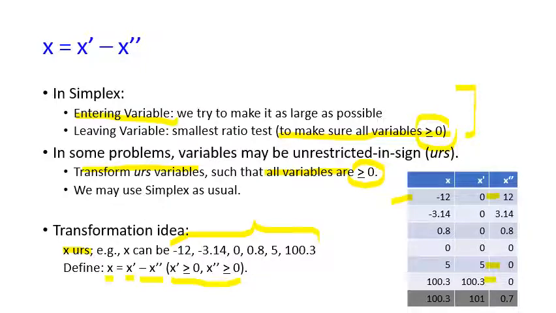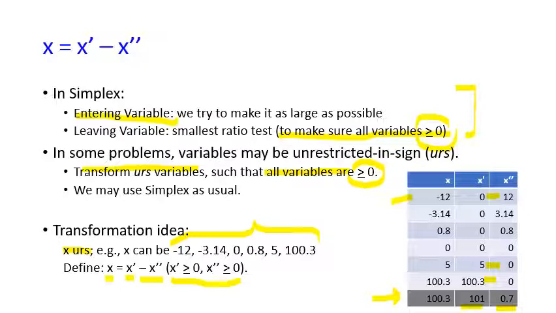You may say that actually 100.3 may be represented by 101 and then 0.7, right? Because 101 minus 0.7 equals 100.3. Yes, this is possible, but you will see later that this will not be the case. One of them will always be 0.